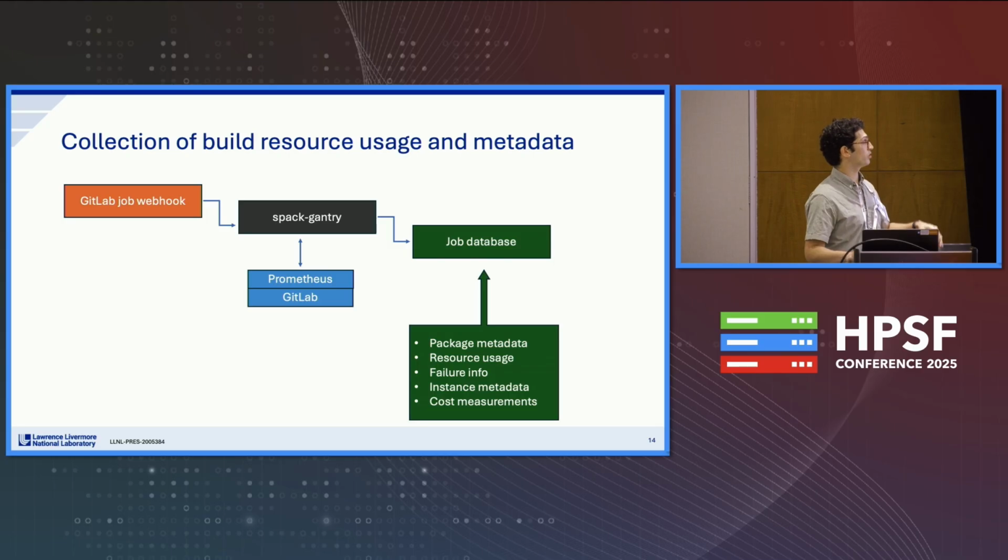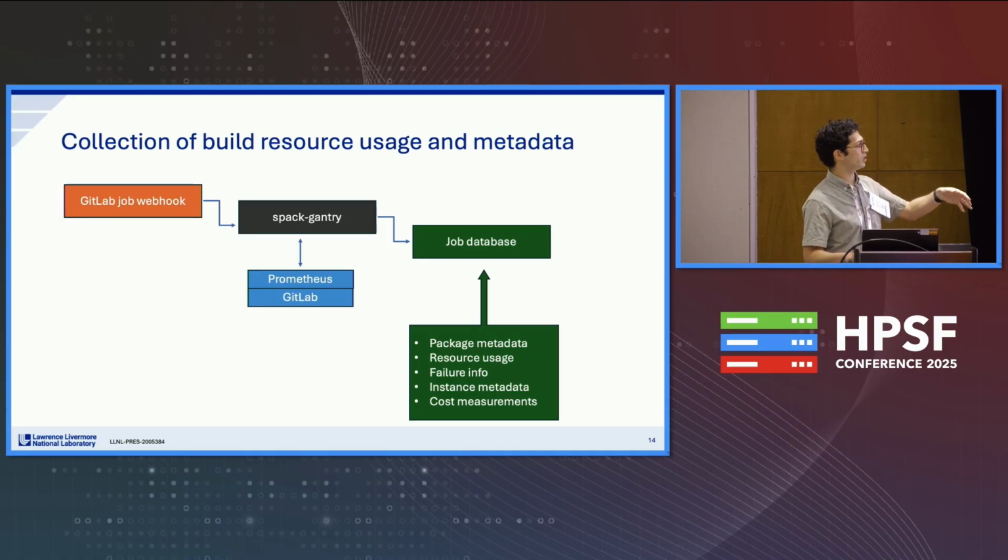So the way that this works is every single time a package build completes in GitLab, that gets sent to an online service, and then we collect metadata about that job in GitLab, which has the abstract spec for the package, and resource information for that build in Prometheus. We have second level granularity when it comes to CPU and memory usage.